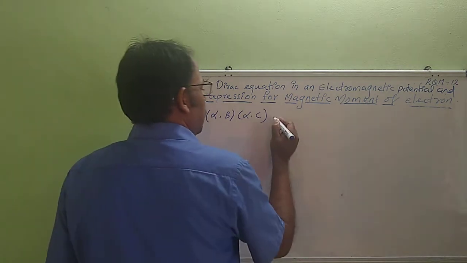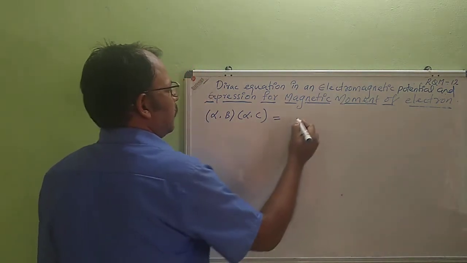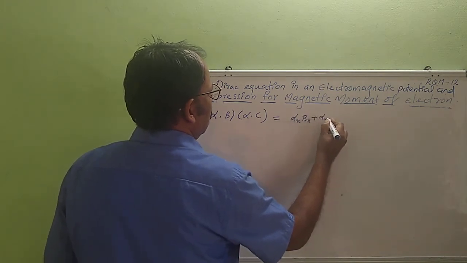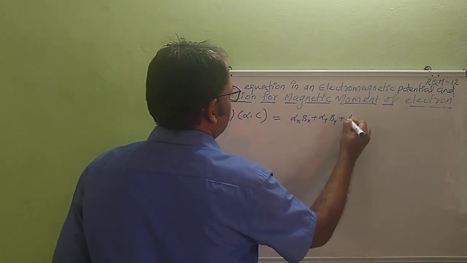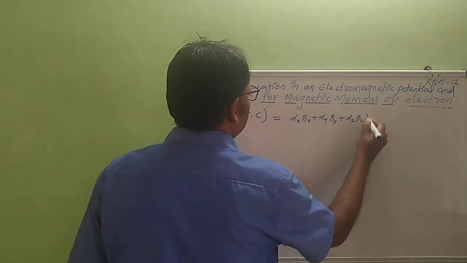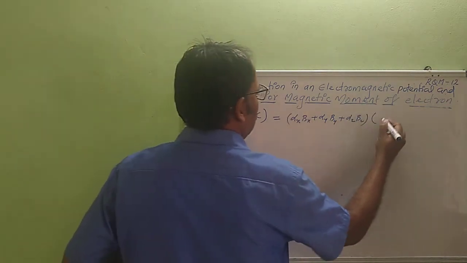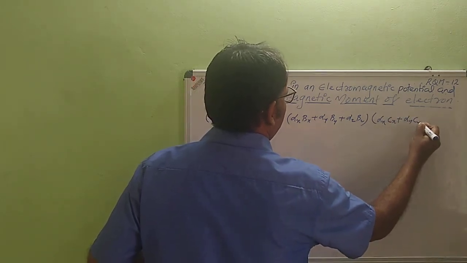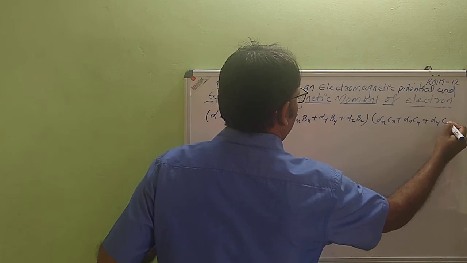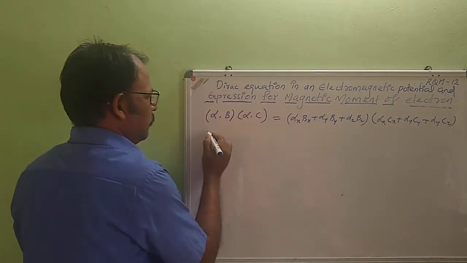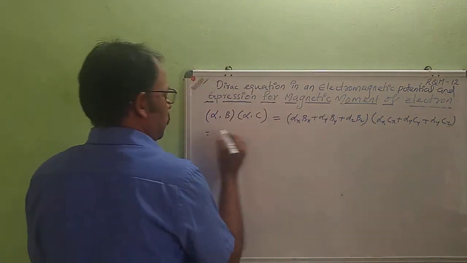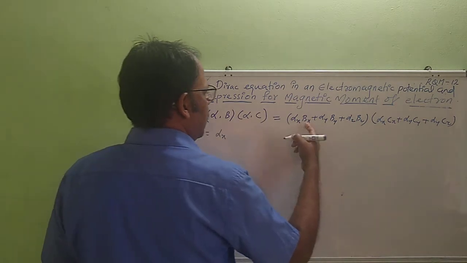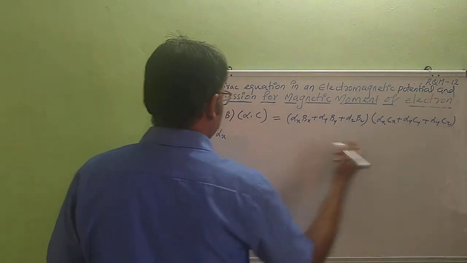So alpha dot B into alpha dot C, we can write it as alpha x Bx plus alpha y By plus alpha z Bz, into alpha x Cx plus alpha y Cy plus alpha z Cz. On multiplying this, we get alpha x Bx into alpha x Cx.